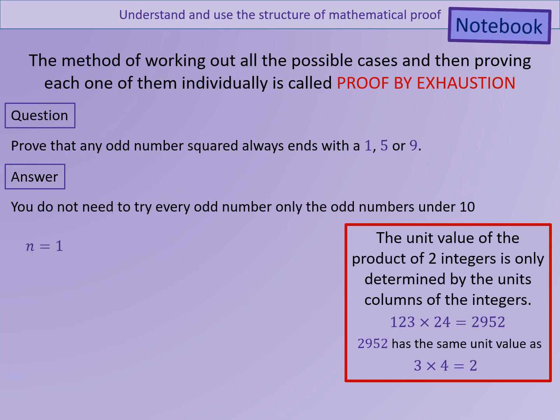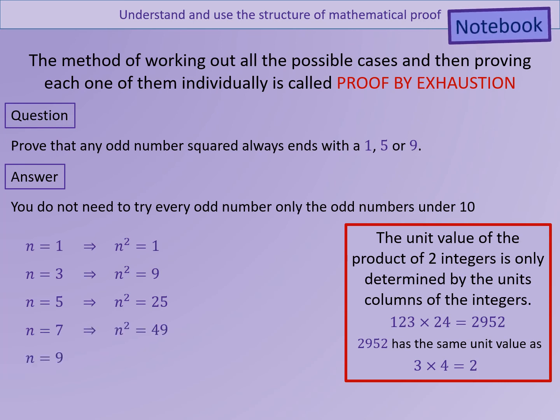So I'm going to list them, and I'm going to say that when n is 1, when we square 1, we get 1. When n is 3, n squared is of course 9. When n is 5, n squared ends up being 25. Similarly for 7, we get 49.